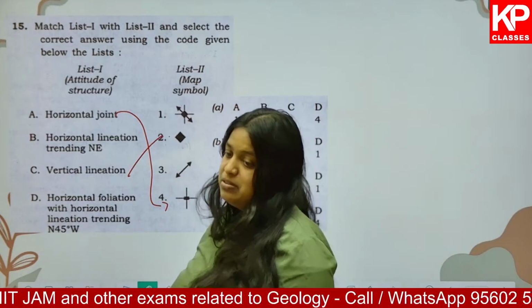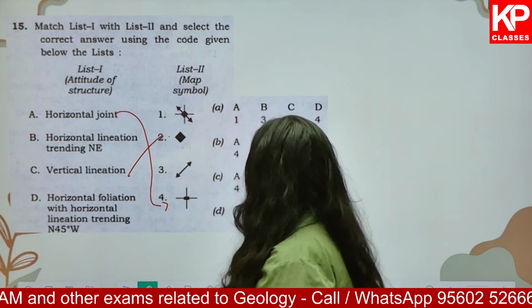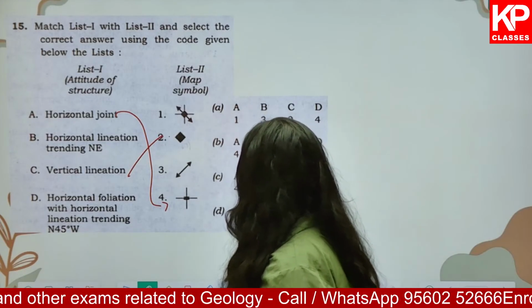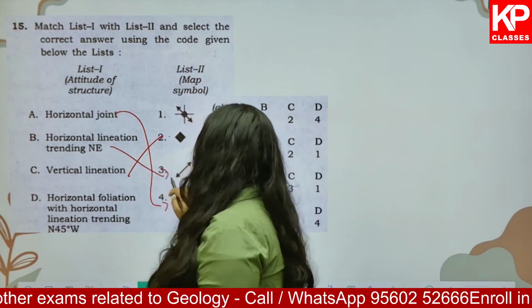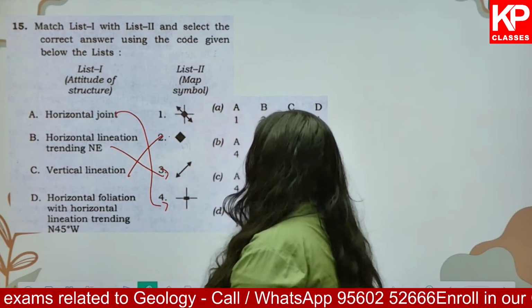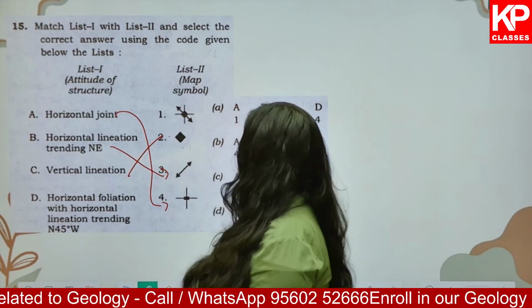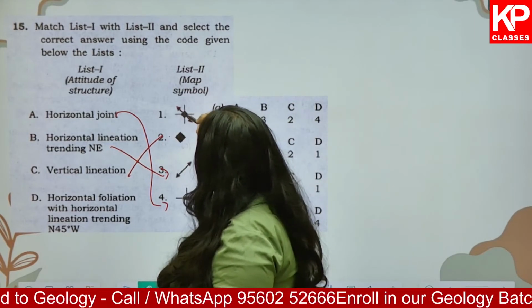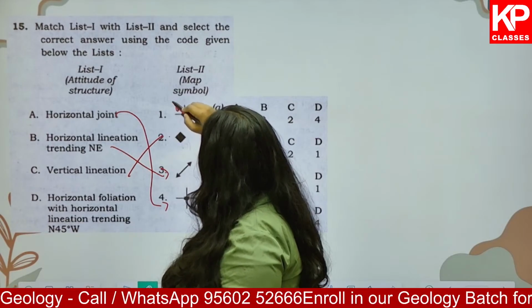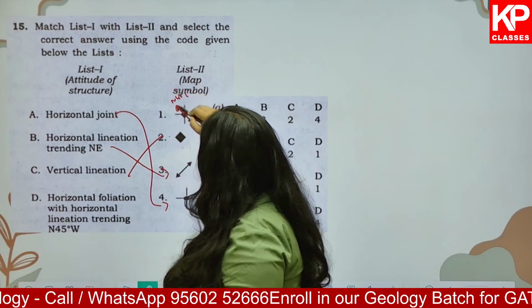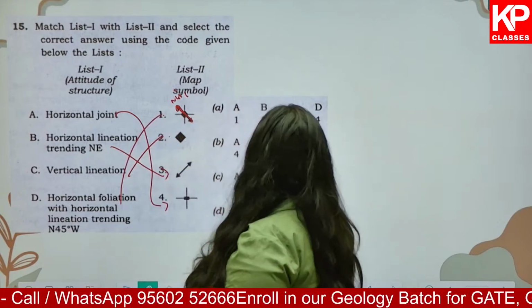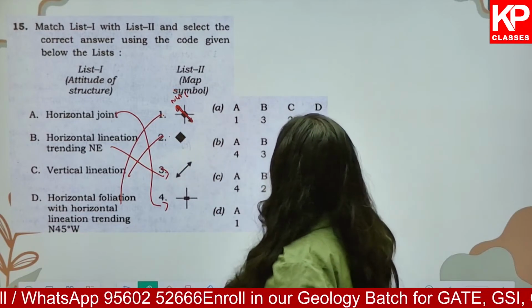This is how we represent vertical lineation. Horizontal lineation is notated by this symbol. Horizontal foliation with horizontal lineation trending north 45 degree west. This is the north 45 degree west attitude. So this is D. D will be 1.